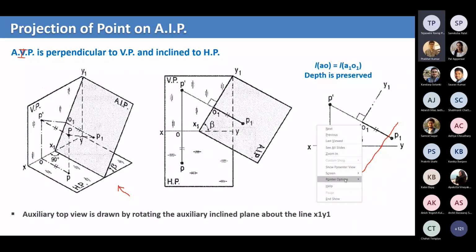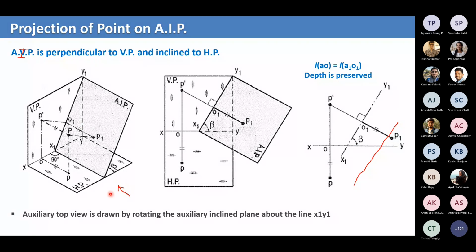Tejaswini, you have some doubt? Yeah. In which direction do we rotate the x1 y1 plane? You see from this side, there is an arrow already here. From this side you get the x1 y1. Now you rotate about this line x1 y1 from point x1, just like this.